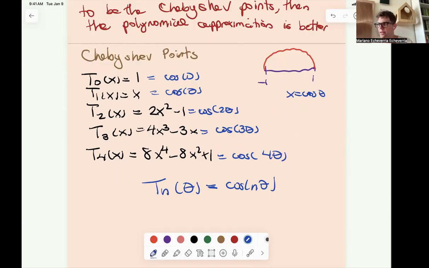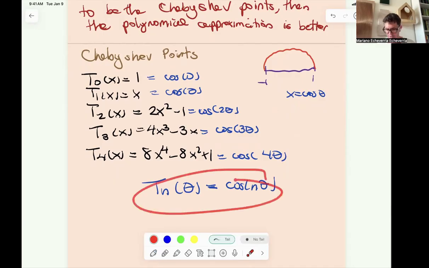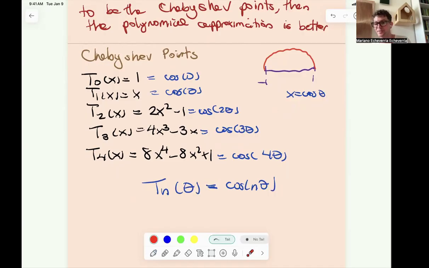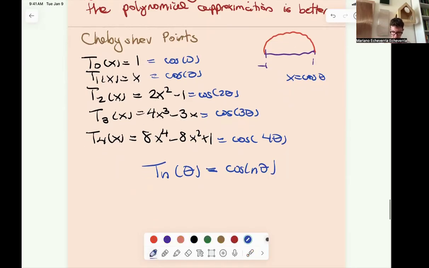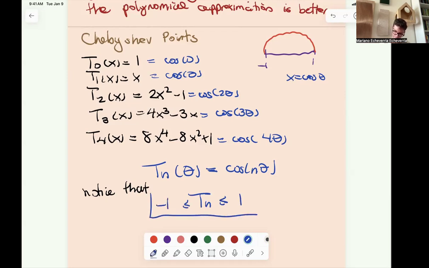The idea, which I didn't say explicitly, is easy to see from this perspective: because cosine is always between -1 and 1, the polynomials themselves are always between -1 and 1. Notice from this representation that the Chebyshev polynomials are always between -1 and 1, which is interesting information.